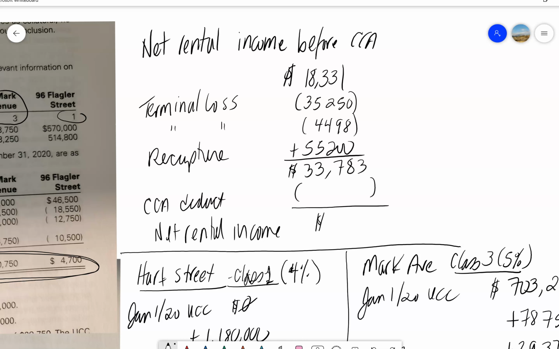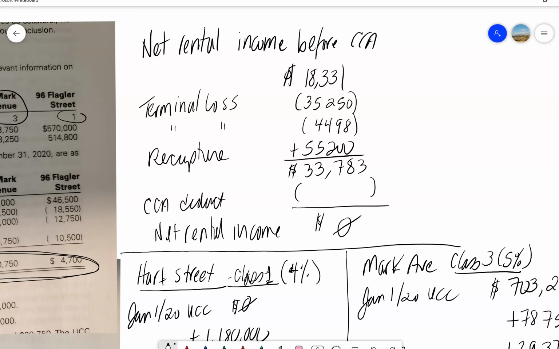Now remember, CCA is a discretionary deduction. Taxpayers don't have to take CCA if they don't want to.